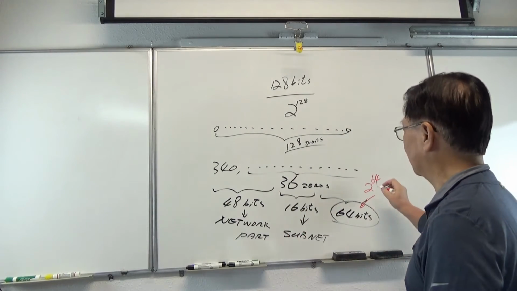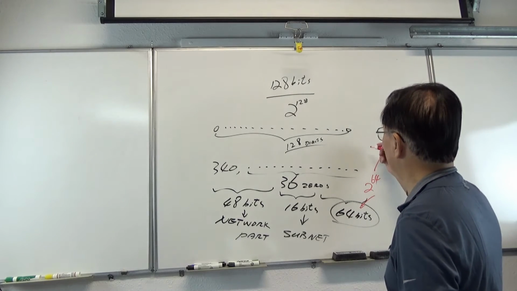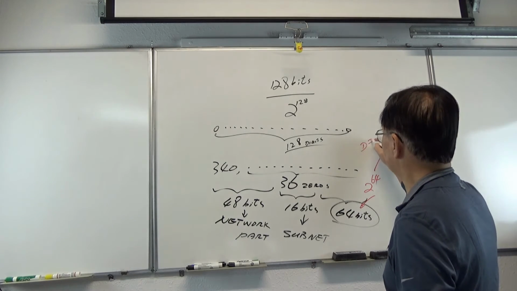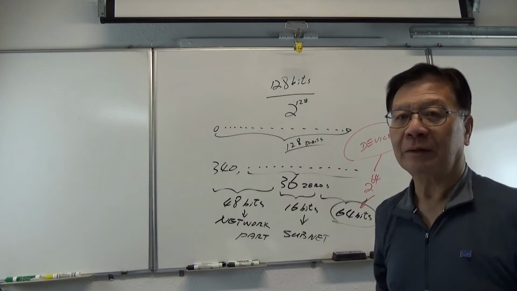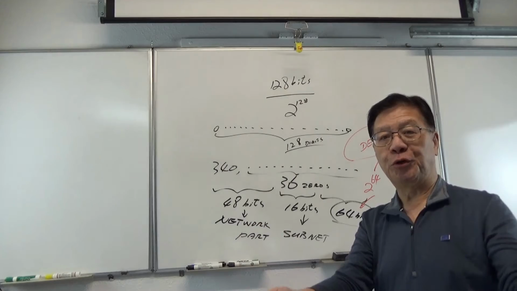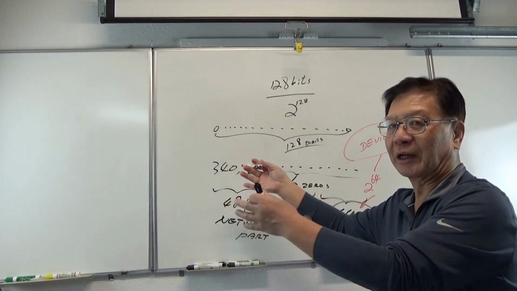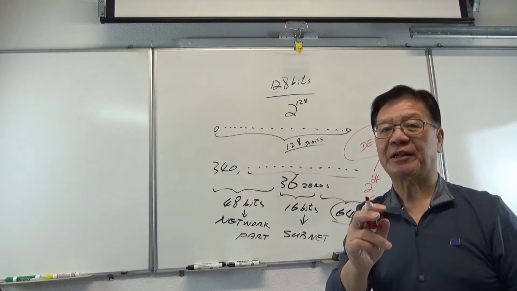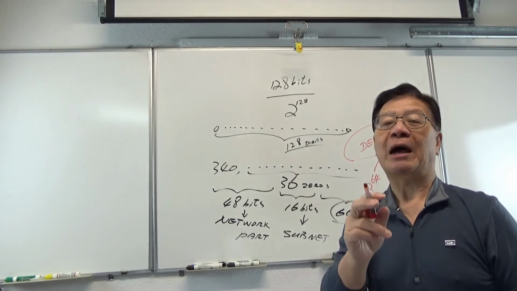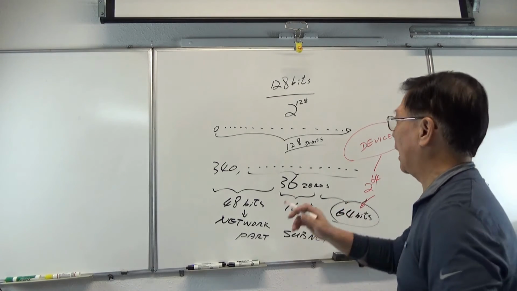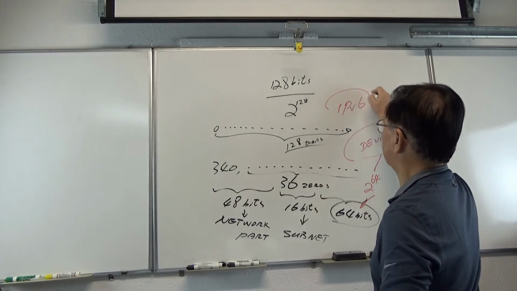Keep going, and then 2 to the 64. That is assigned to all different devices: all devices belonging to you, all devices belonging to another guy. Each device is supposed to have a unique IP address from IPv6.